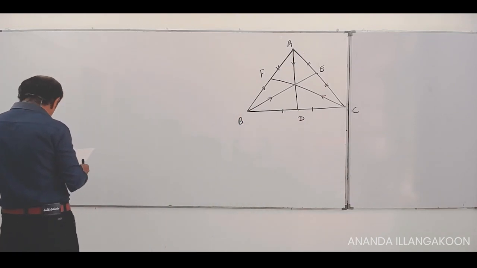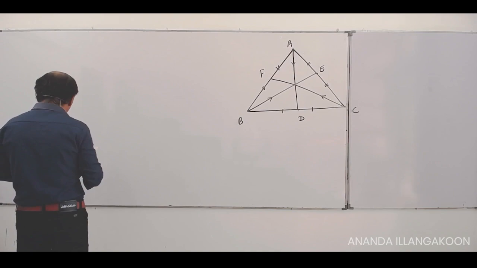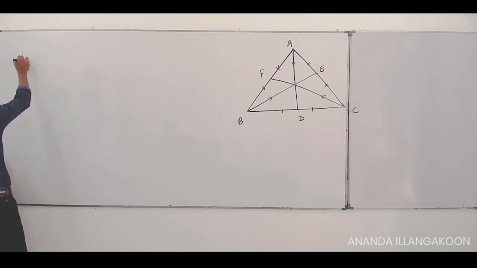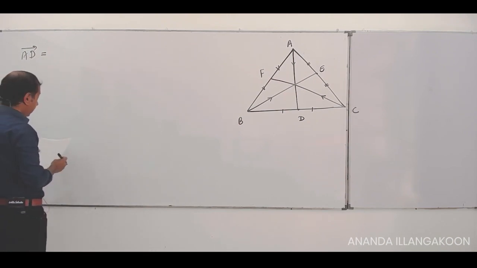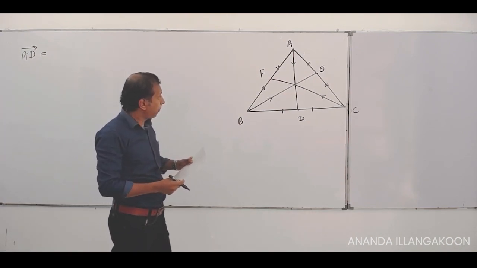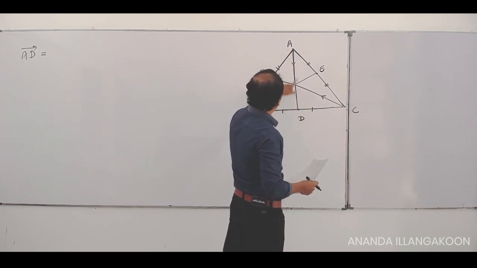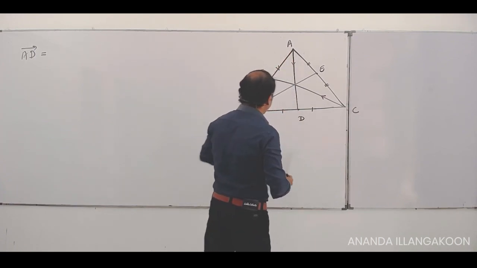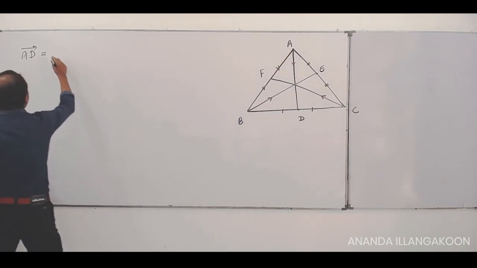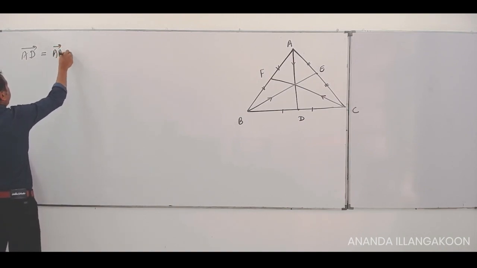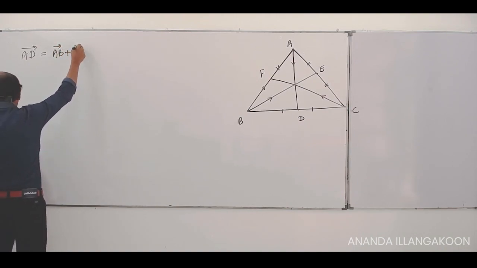Okay, now we can write the AD vector. We need AD, BE, CF, no? By using the triangle law of vector addition, the AD vector I can write as AB plus BD. Number 1.